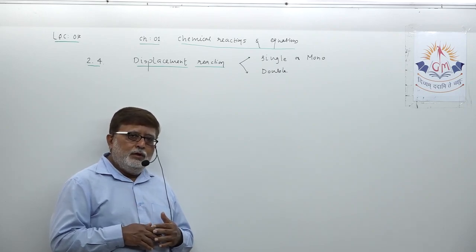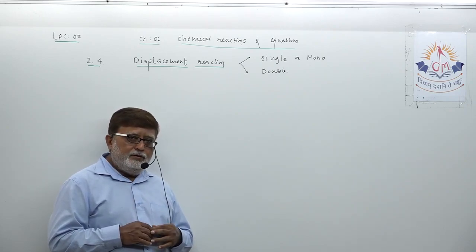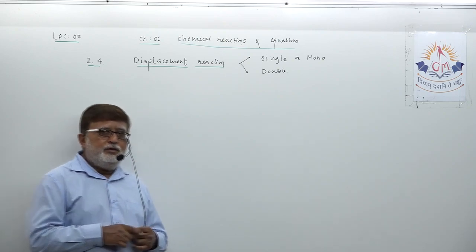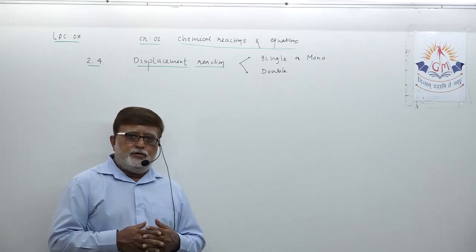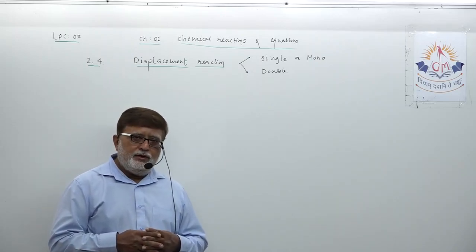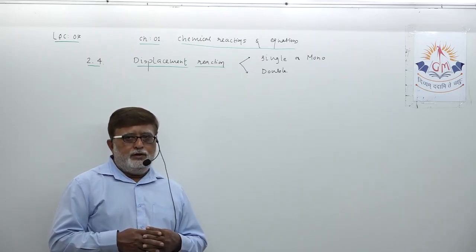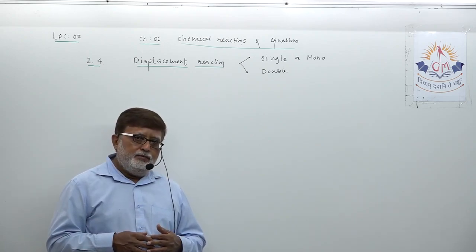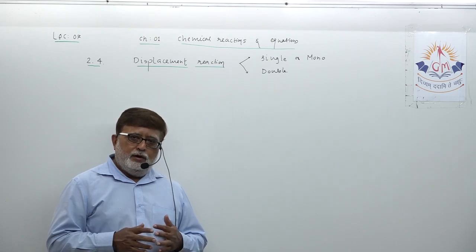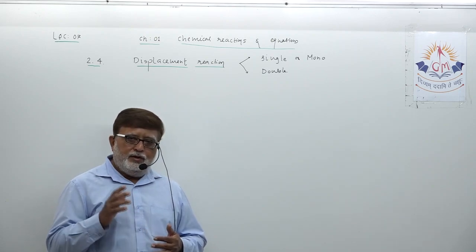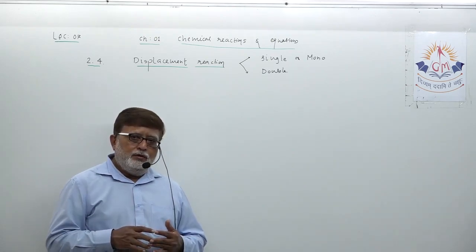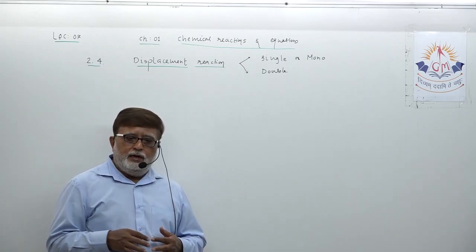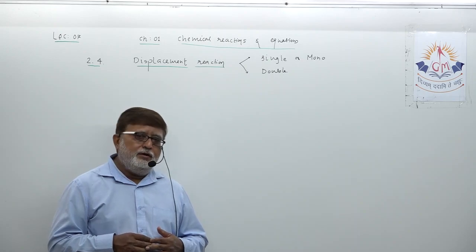You all know that all metals are not equally reactive, which you studied in previous standard also. All metals are not equally reactive as per the metal reactivity series. Some are least reactive, some medium reactive, some moderately reactive, and some highly reactive.